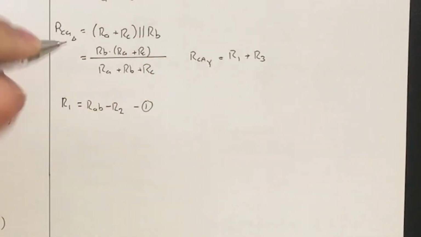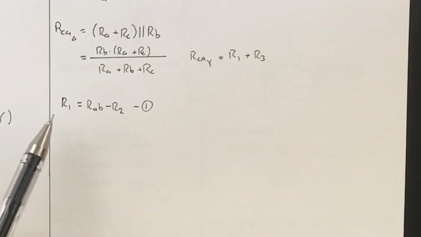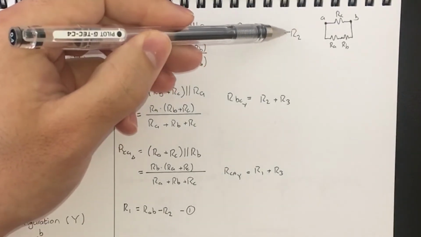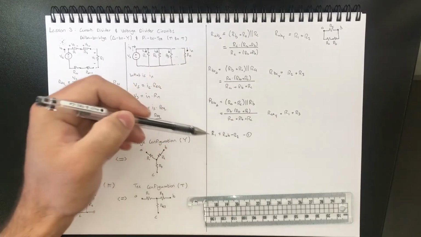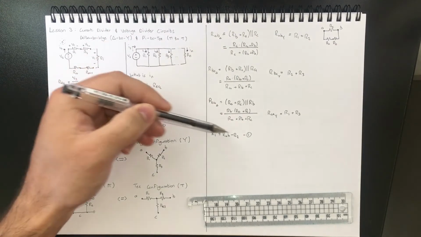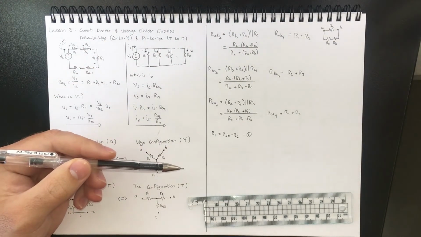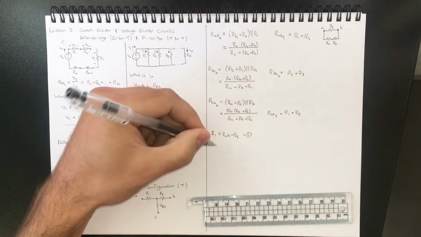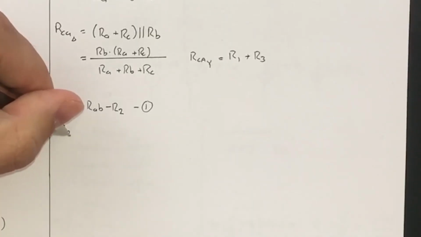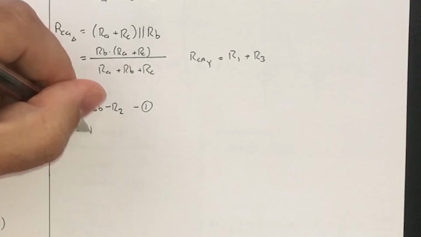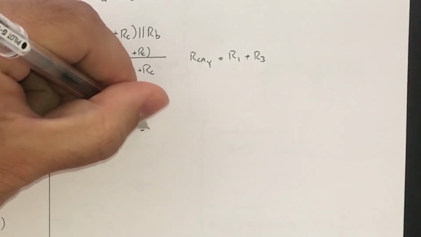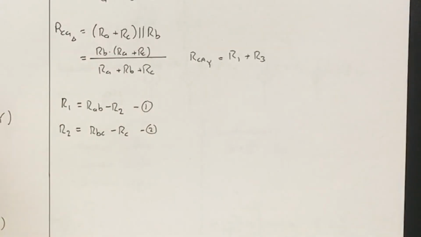This is our first equation. So we've taken this equation and we've just made R1 the subject of the formula. We do something similar with the second equation, where we make R2 the subject of the formula. So this is RBC minus R3. This is equation 2.